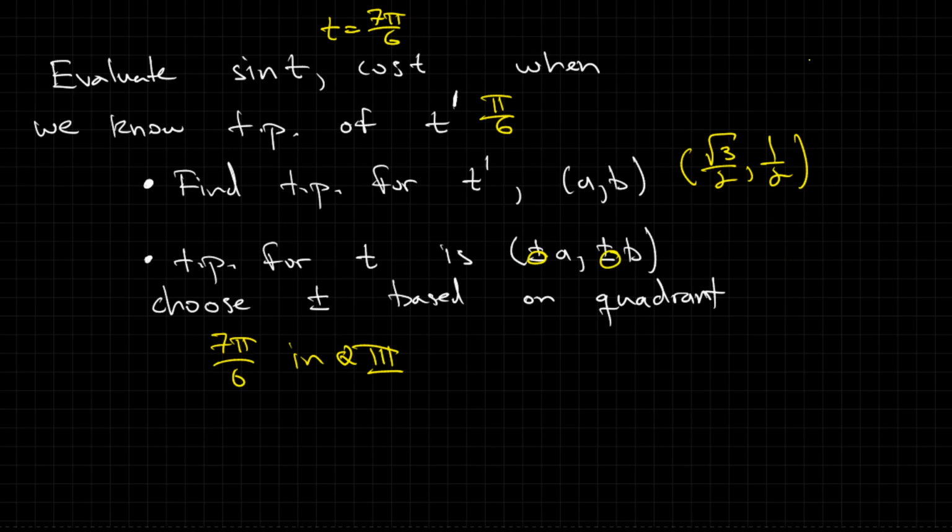Then finally, once we have the terminal point, we simply chose the x coordinate to be cosine of t. So cosine of t will just be the x coordinate, in this case negative root 3 over 2, and sine of t was the y coordinate, negative 1/2.